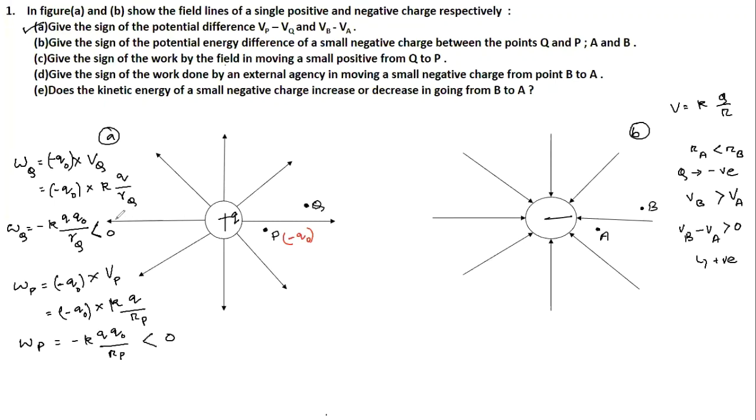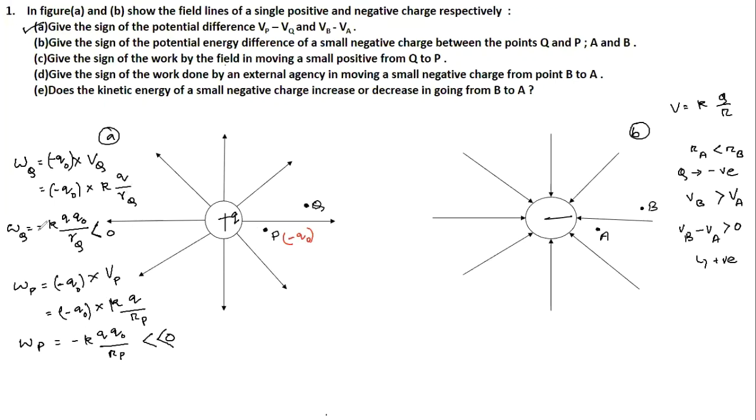But there is a slight difference. If you see the distance RQ and the distance RP, RP is much smaller than RQ. That means the work done for this Q naught charge at point P will be more negative, since RP is much smaller compared to RQ.